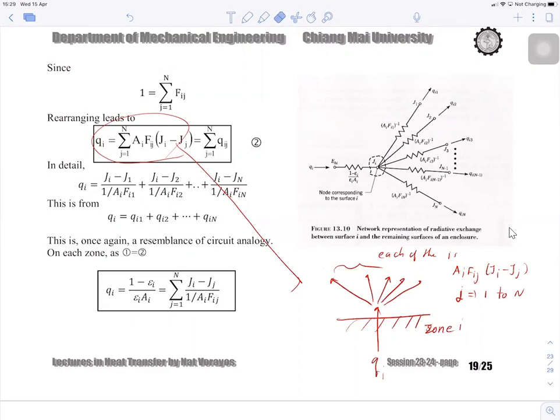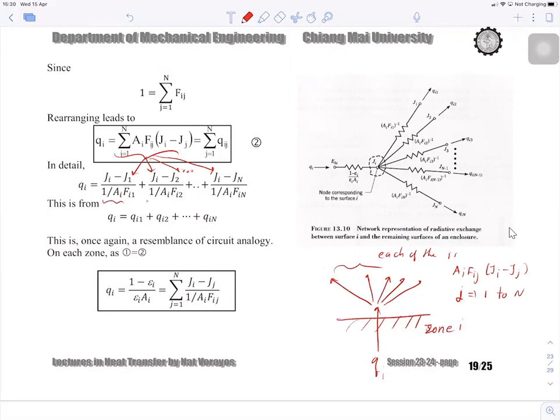And if I write this equation in detail, I probably have this and that, dot, dot, dot, and that, right? QI, decomposing into several pieces, right? And you know what?